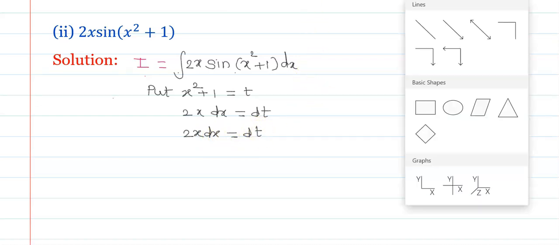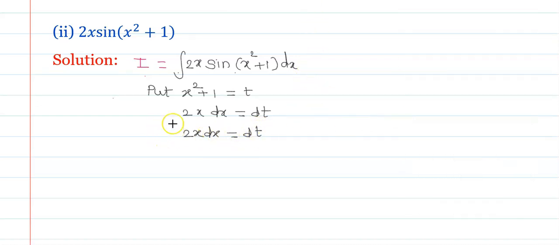And how is it? See this here. This is very important. Once you get this idea, then your integral will be reduced to the standard form. Now see this here. This is the 2x into dx.